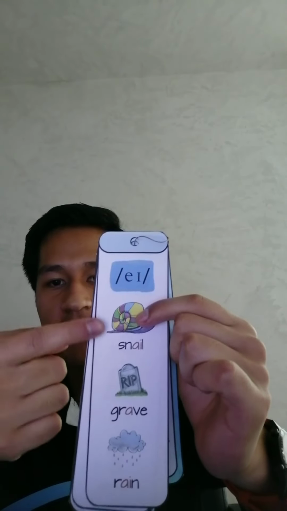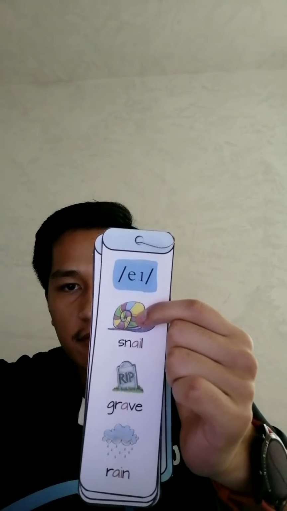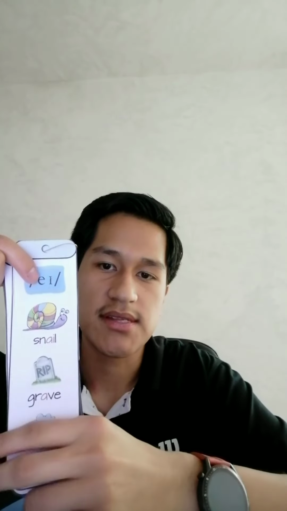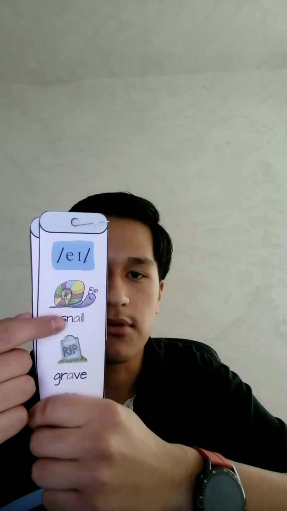Because the students associate the images, the picture, with the correct symbol or the correct word. They associate the picture with the word and the sound. The symbol is the same, but in this case I focus on the picture and the word.